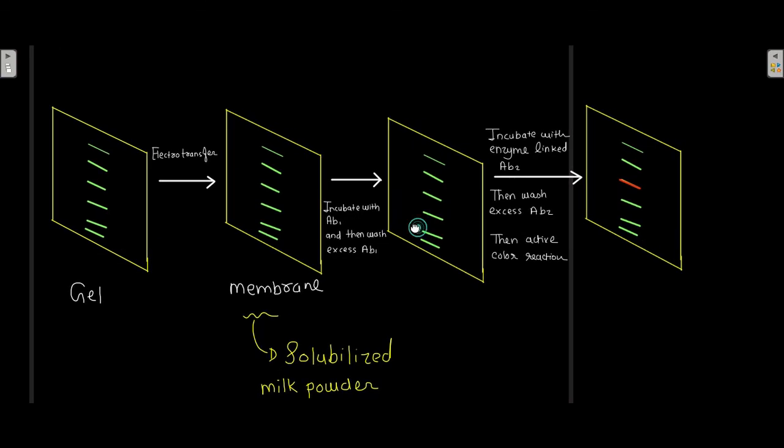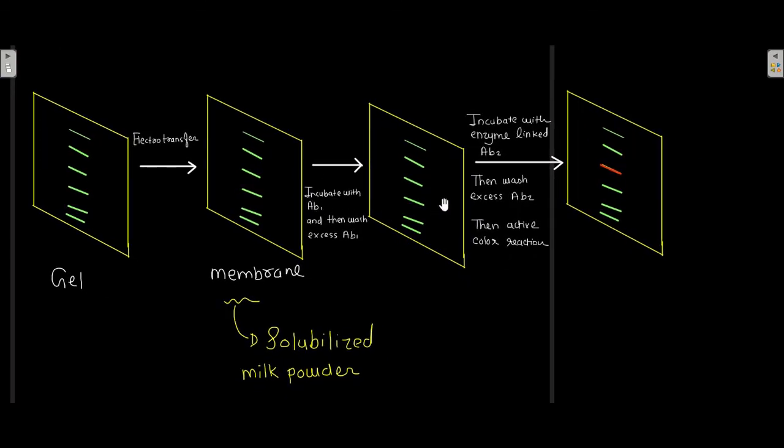After adding the primary antibody, it has bound to our target protein. Then we incubate with the secondary antibody, AB2, which is enzyme linked, and then we wash off the excess AB2.